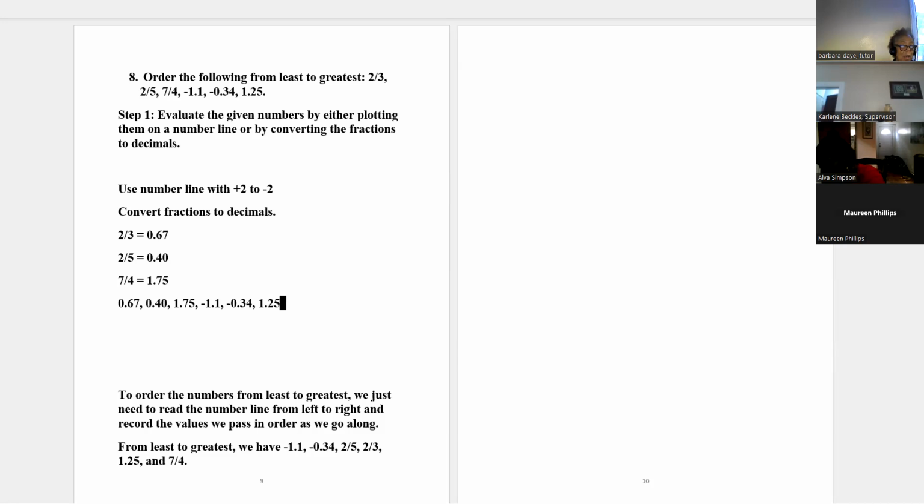Now, when you draw your number line, put your 0 in the middle, negative on the left, positive on the right. Now, Maureen, which number is the biggest of these numbers? Okay, hold on. Because then you could put the others in between. What's the largest of these numbers?